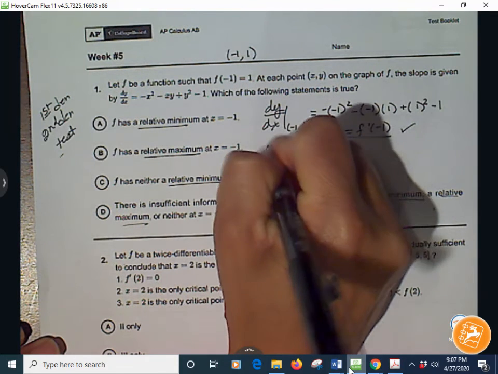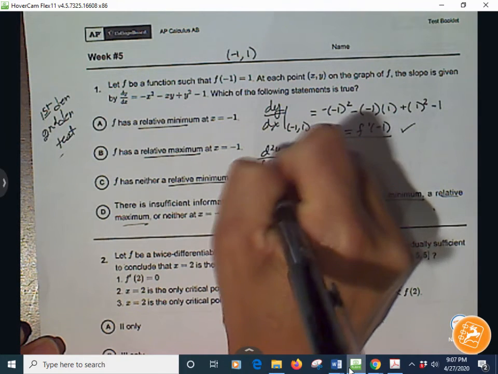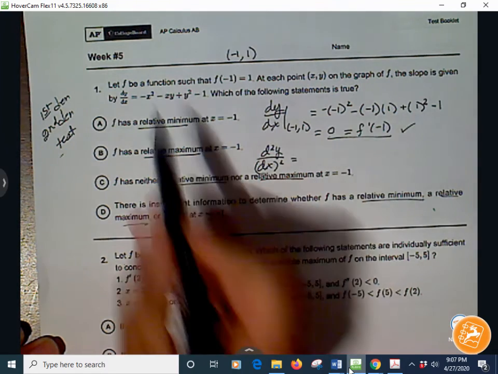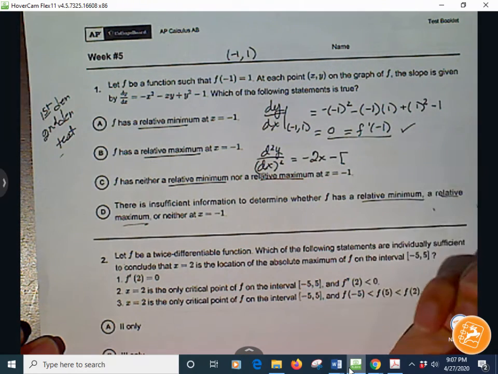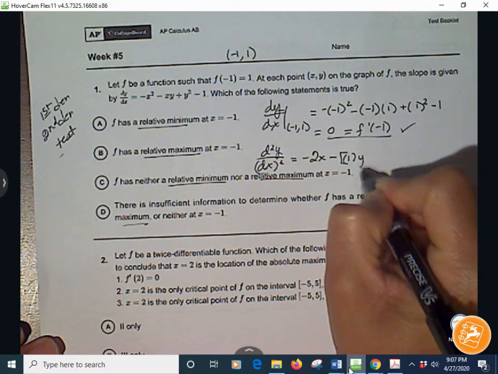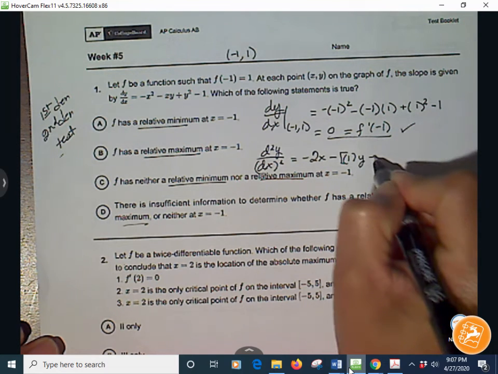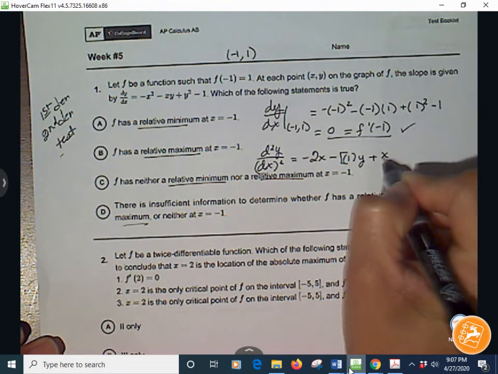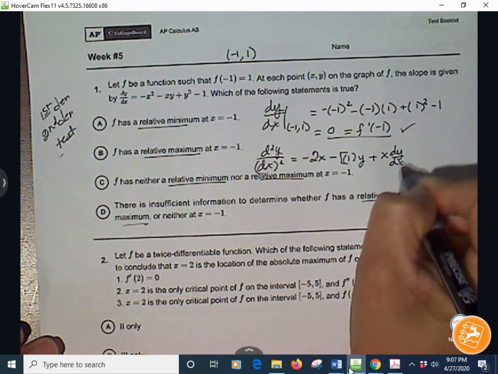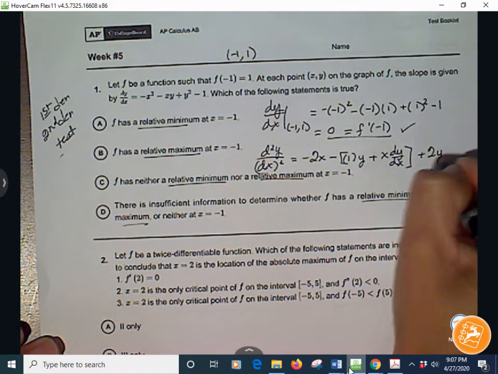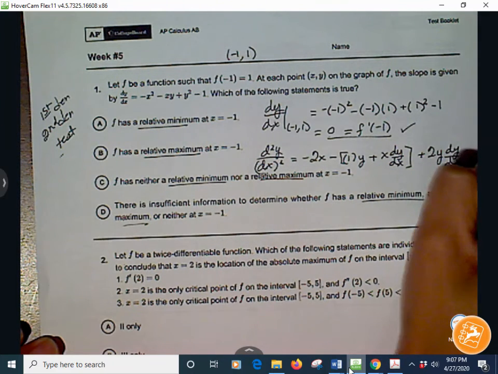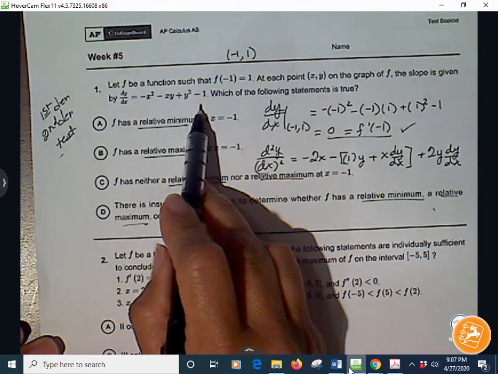So let's figure that out. This is going to be -2x minus, and then we have to do product rule, so it's going to be 1 times y plus x times dy/dx, doing implicit differentiation, plus 2y dy/dx, and that's going to be 0.